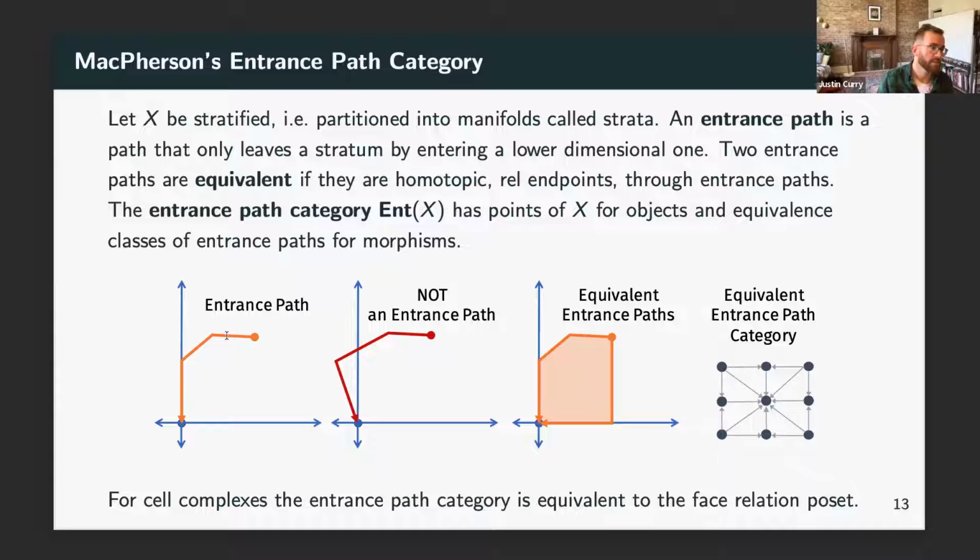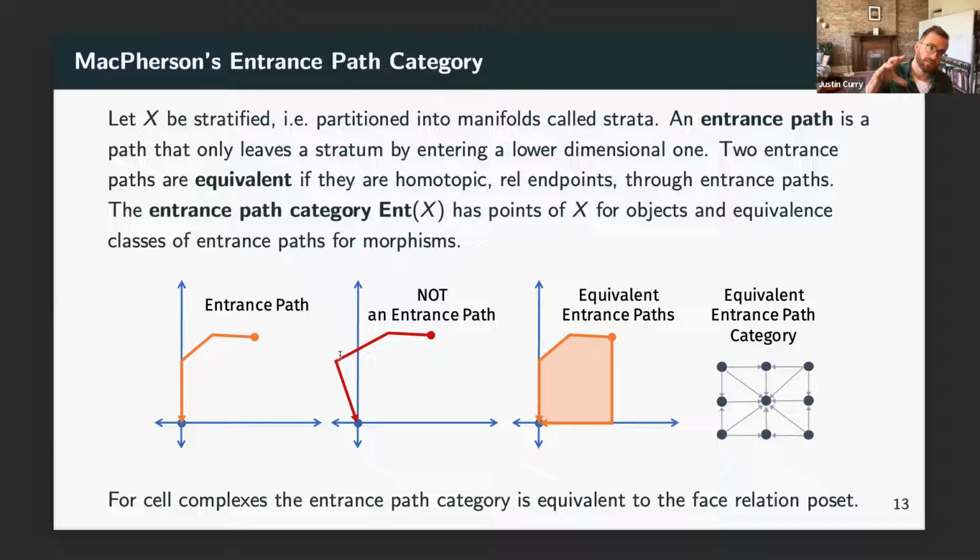This is a path which travels around, and if it hits a lower dimensional stratum, in this case the y-axis, which we think of as a 1-dimensional stratum, versus the open quadrant being a 2-dimensional stratum, it can stay in that one stratum, or it can move deeper into the stratification down into this 0-dimensional stratum. So a non-entrance path is something that enters the 1-dimensional stratum and then exits for a higher dimensional stratum. And so that's not allowed.